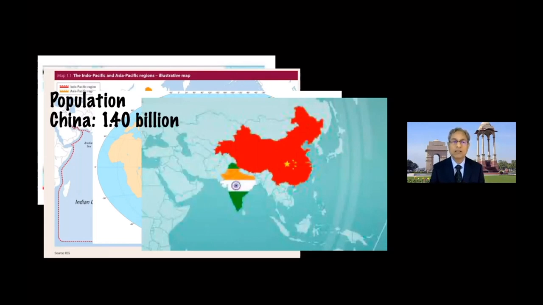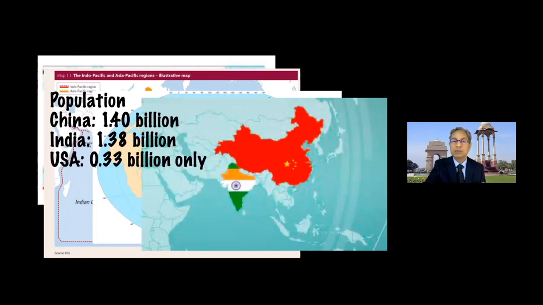It's growing very fast. But when we talk about where human beings are living, you notice that China has 1.4 billion people and India has 1.38 billion people. Maybe when I'm speaking, India has already overtaken China in terms of size of population. Compared to that, the most powerful country, the United States, has only a quarter of the population of India and China.